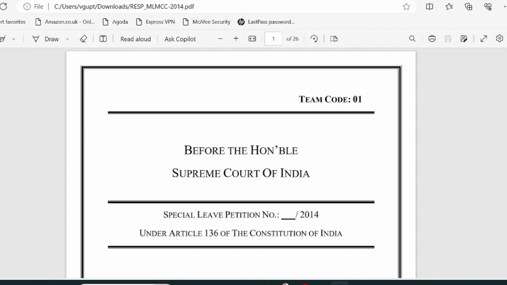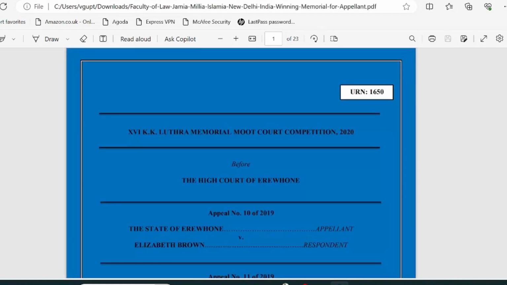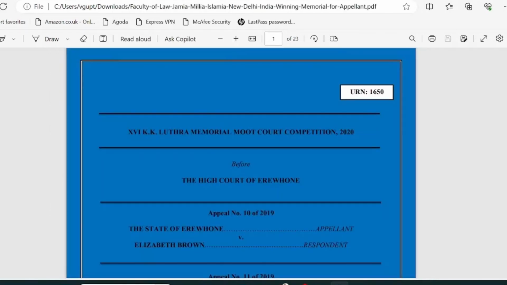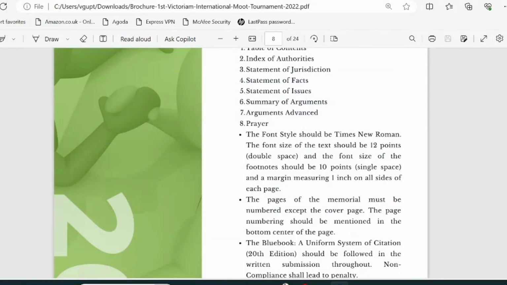I'm not using them for any purposes. I'm giving them full credit that these are not mine, and these are being used here exclusively for reference purposes, just to take help of. You can even simply Google moot court memorial PDFs and these will pop up, and you can always use them as a base because these are very well drafted.